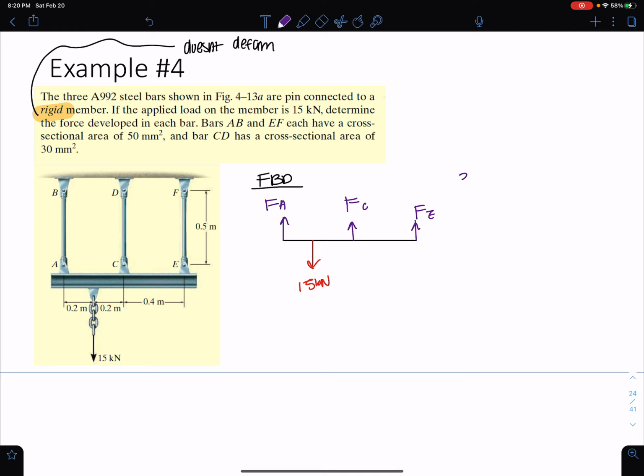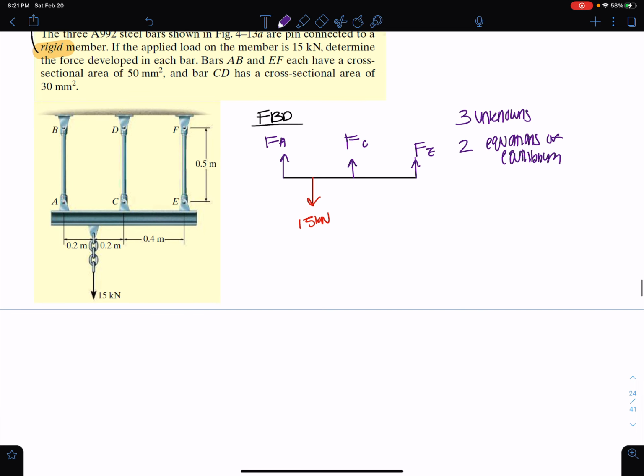So I have 3 unknowns, and I only have 2 equations. Why do I have 2 equations? Because for equilibrium, I can sum moments about a point and I can sum forces in the y.